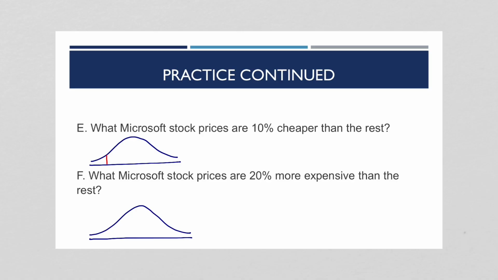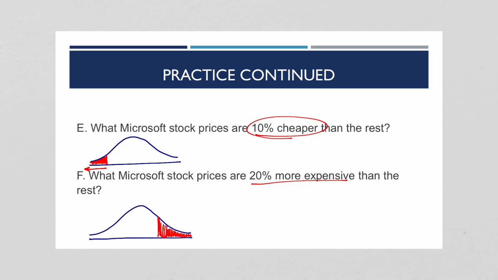If I'm saying 10%, I'm interested in this area right here because I'm looking at the 10% cheaper than the rest. So all of our cheaper prices are going to happen on the left side of our number line. And likewise, if I'm interested in stock prices that are 20% more expensive, maybe they're over here.